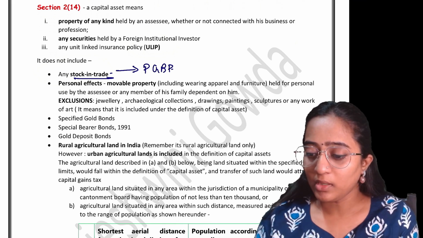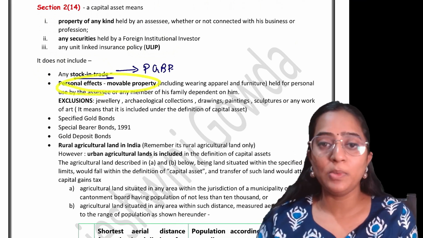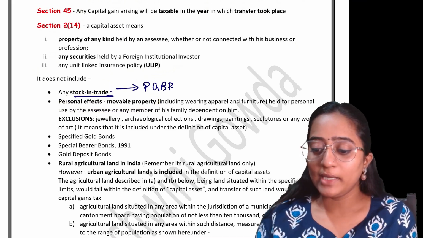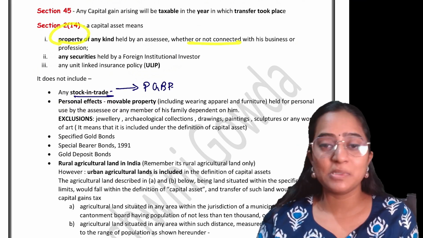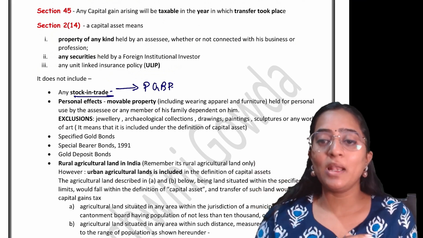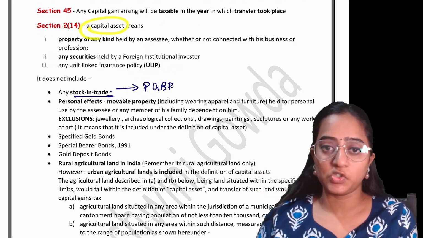Now, remember, any personal effects, movable property. First of all, the base definition includes property whether connected to business or profession, personal, business, movable, immovable, everything.